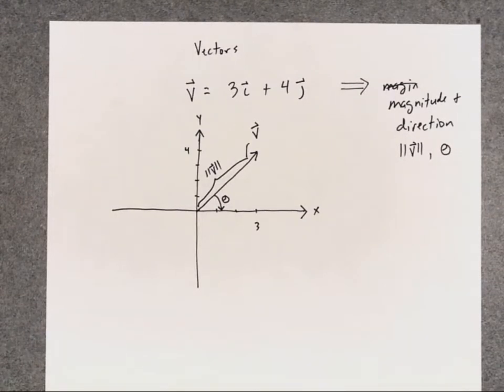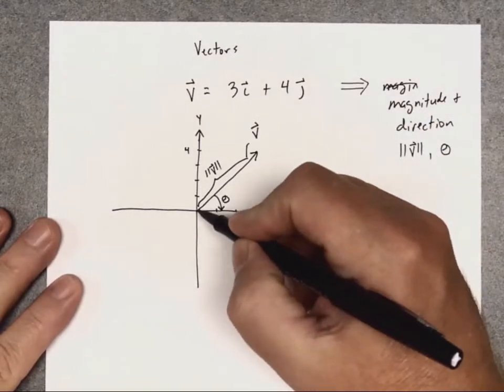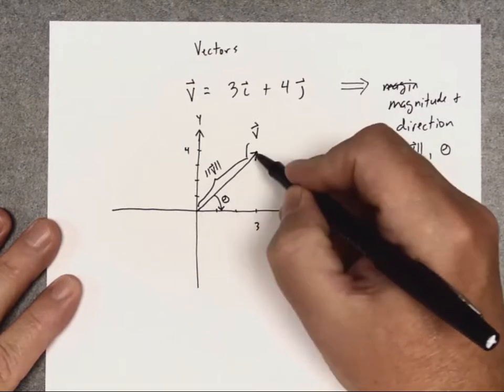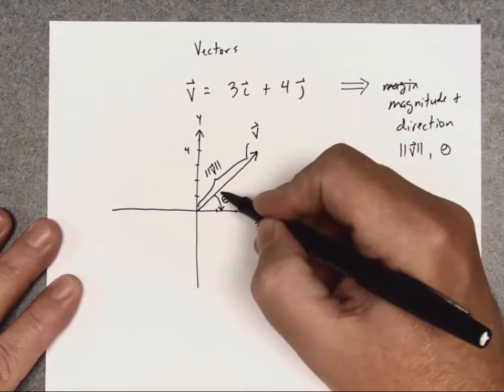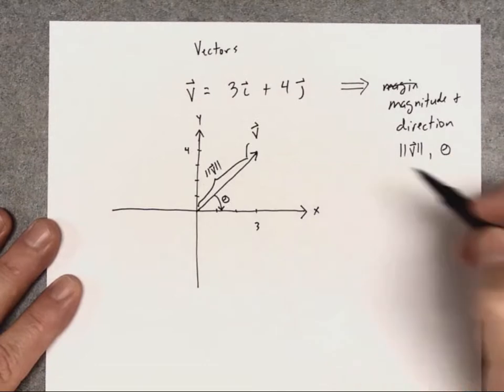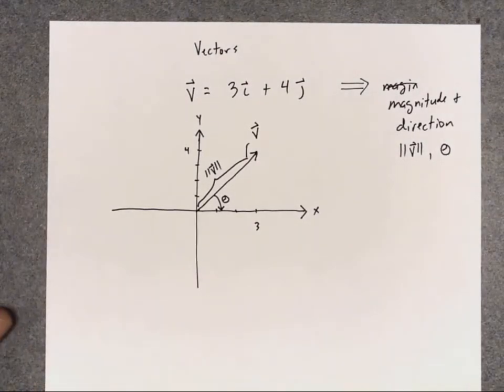So really, in order to convert this IJ vector into a vector described by magnitude and direction, if I can figure out some way to determine the length of this line, and if I can figure out a way to determine the measure of this angle, then I would be able to write the vector in terms of magnitude and direction.